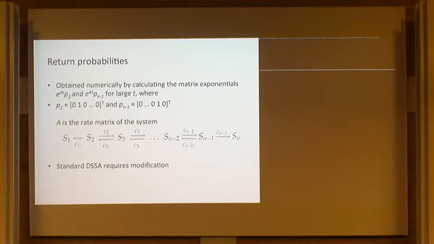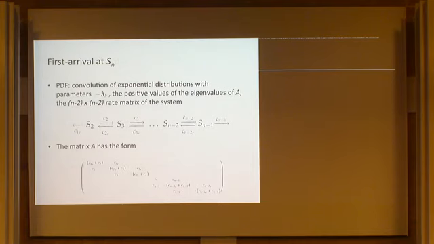These are the return probabilities. This follows basically the same train of thought as outlined earlier. We can calculate this numerically using matrix exponentials, but we can also obtain closed forms.